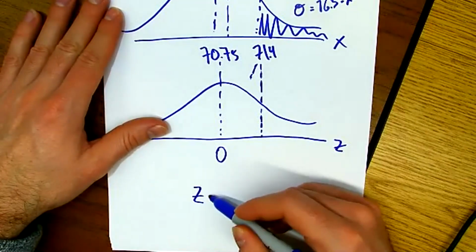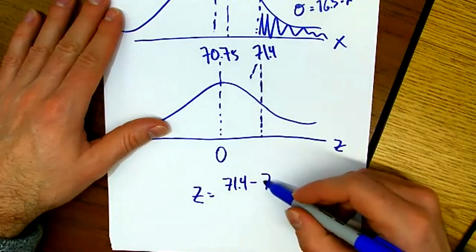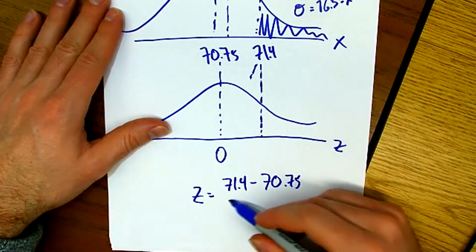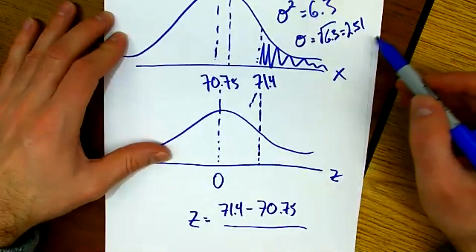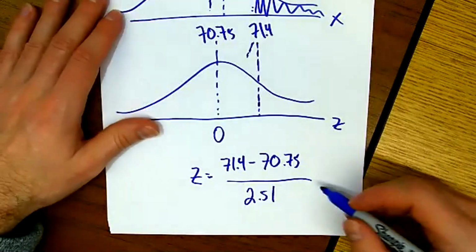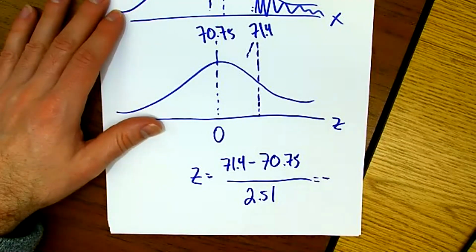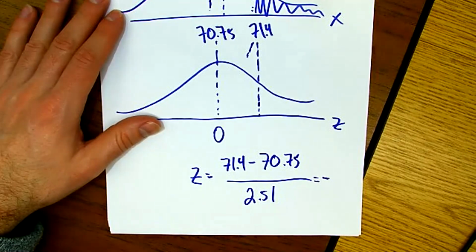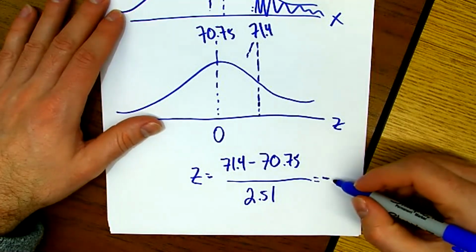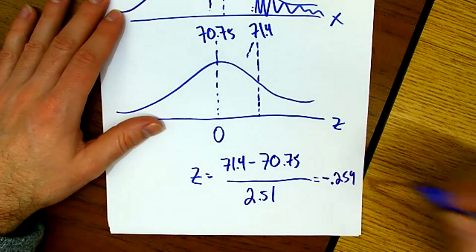So how do I find that z-score? I take the value I'm interested in, 71.4. I subtract the mean, and then I divide by my standard deviation of 2.51. I think if I do this, I get, I want to say this is negative 0.259.